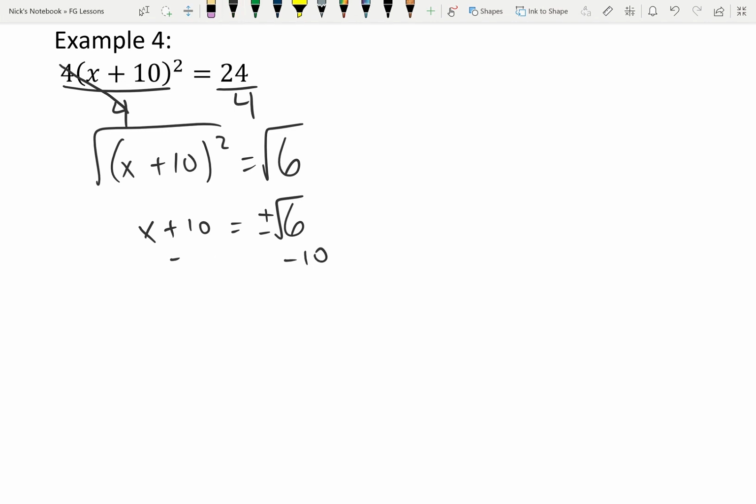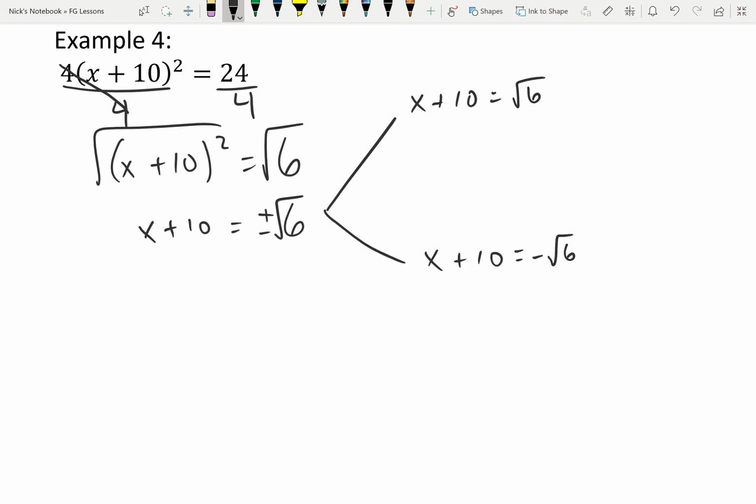Actually, let's do something first. Let's split this up into two separate equations. We have x plus 10 equals the positive square root of 6. And then we have x plus 10 equals the negative square root of 6. This plus or minus, again, means there's a positive square root of 6 and a negative square root of 6.